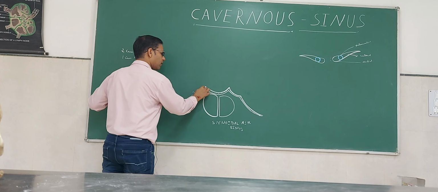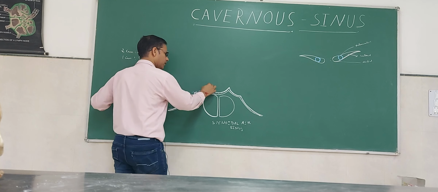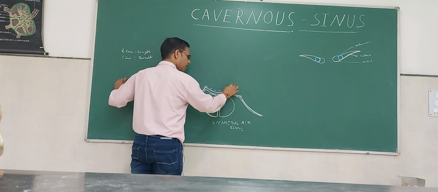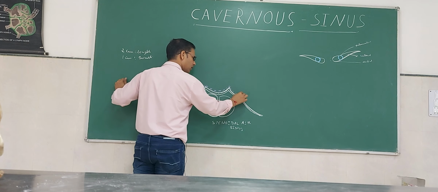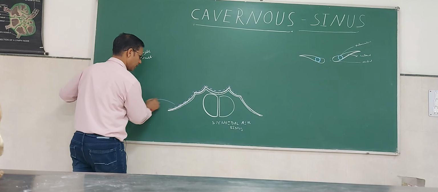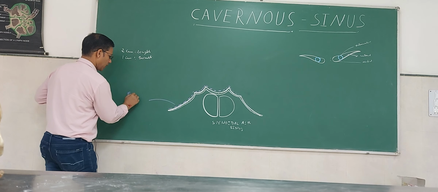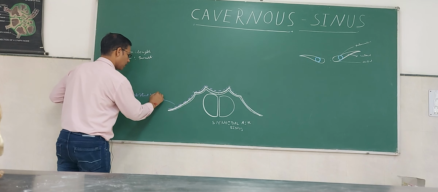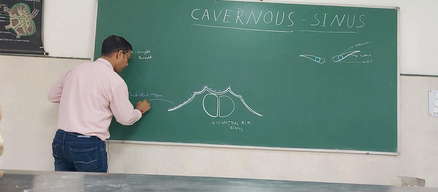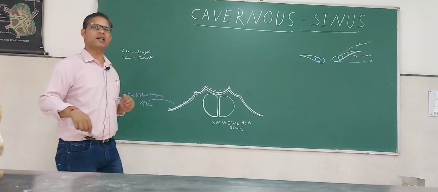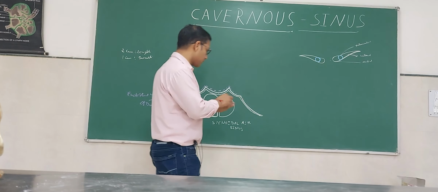This is the endosteal layer of the dura, and I am writing it here. The second layer is the meningeal layer, starting exactly from this zone.